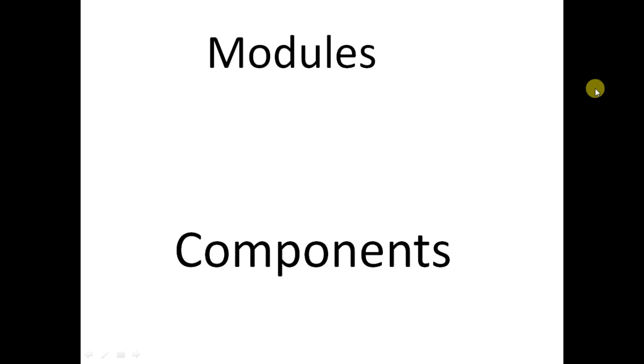Now components. The main building block of an Angular application is the component. Each component consists of two parts: a view that defines the user interface and a class that implements the logic behind the view.